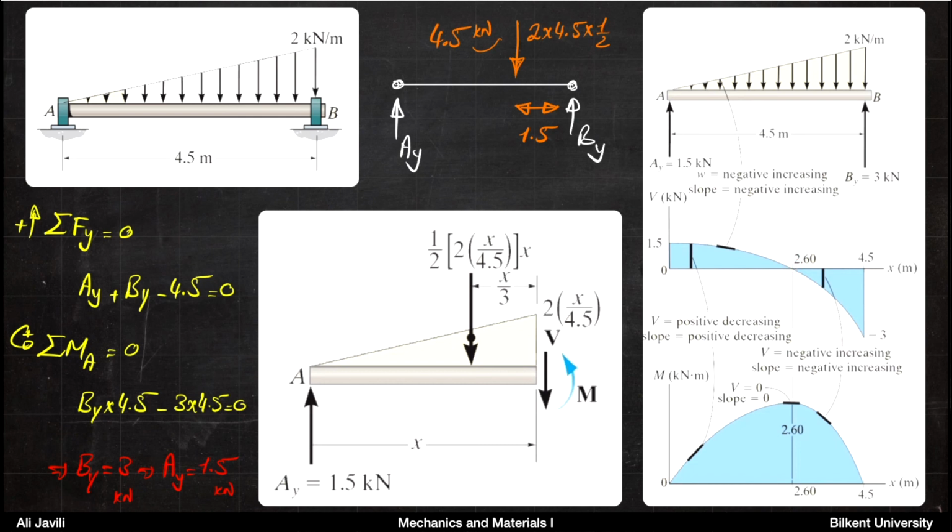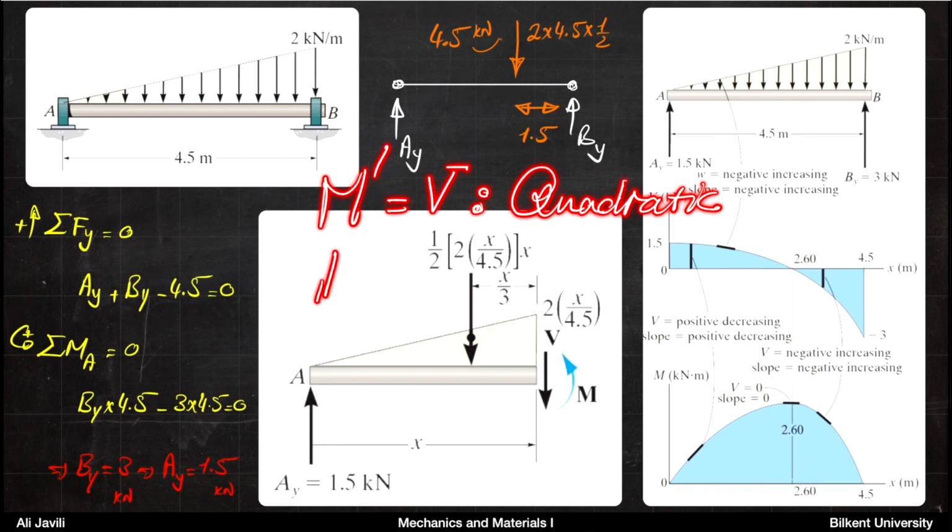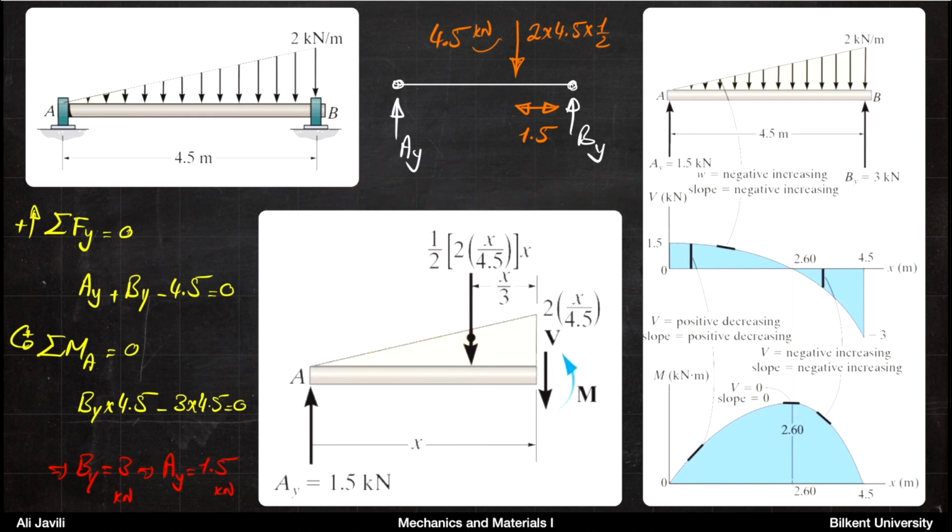Now from V, you can also calculate M using M prime equals V. But now because V is quadratic, M would be a cubic function. What we do know though is that M would be 0 at both ends.